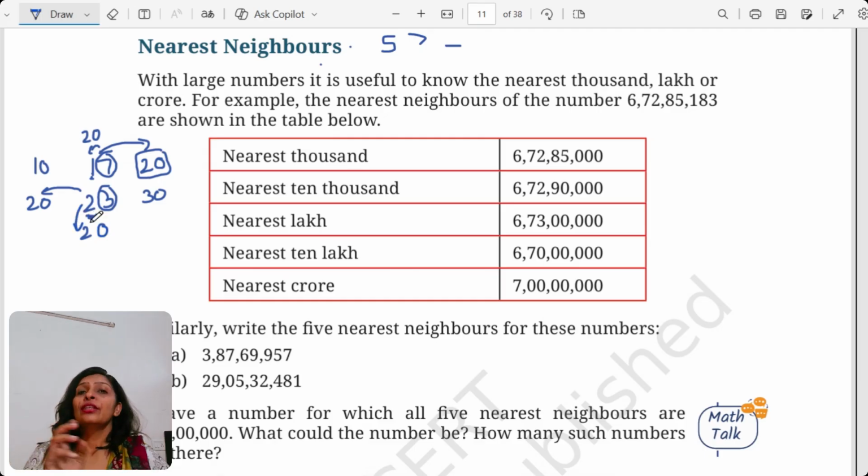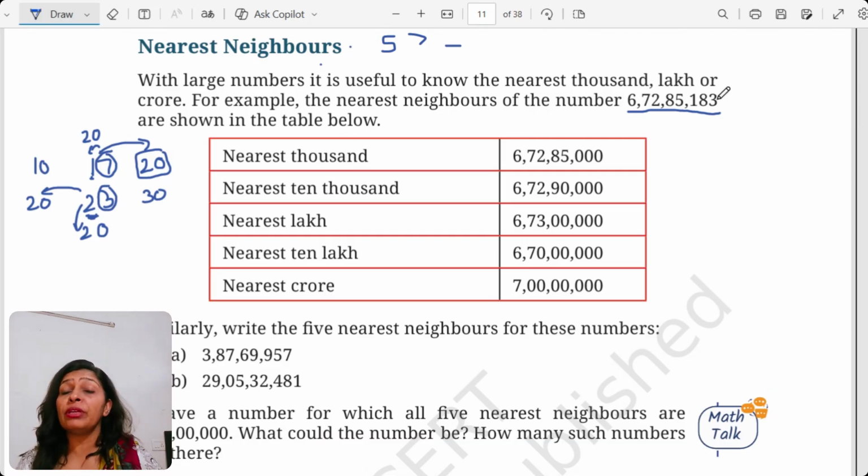All right. Now, let's understand what if we have such big numbers, how are we going to do the rounding off. We can have so many neighbors. We know the place value chart. We can start from the nearest tens, 100, 1000, 10,000, lakhs, 10 lakh, crores, and as many places as we want. Here in the example, we have this number.